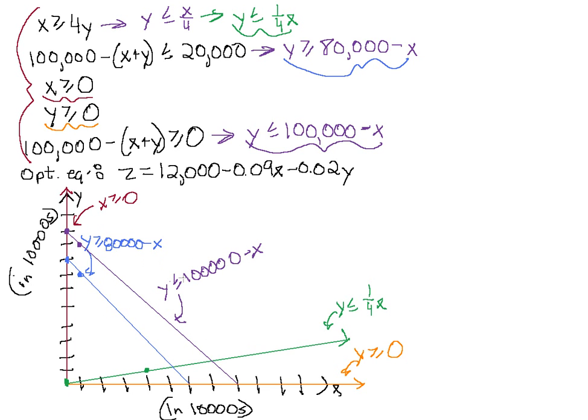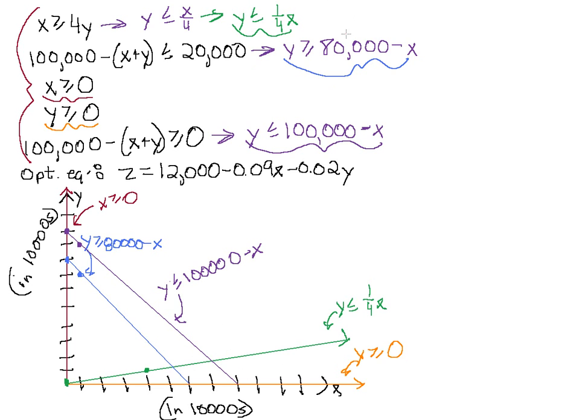We have them on the graph, so let's go ahead and find our feasibility region by narrowing down the region with each constraint. We know that we have this red line and this orange line, so it's going to be somewhere in this quadrant. So we have these two taken care of. Let's go ahead and move to the green one. The y values are going to be less than or equal to the green line, so it's going to be underneath this green line.